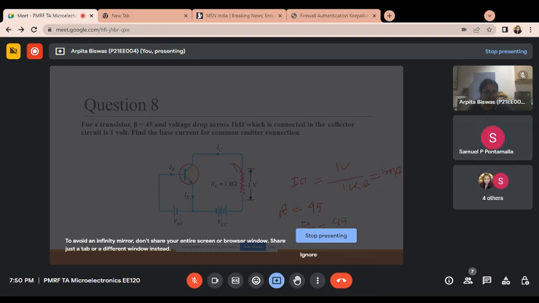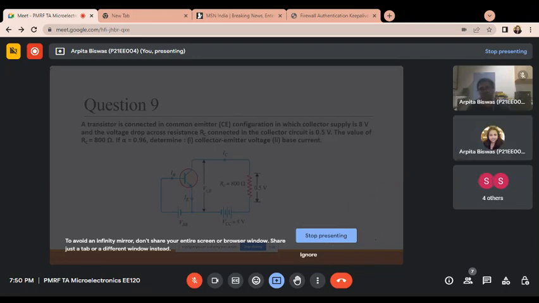Then what is the value of IB? 0.022 milliamps. So 22 microamps. Okay, good, 22 microamps. So we are moving toward the next question.